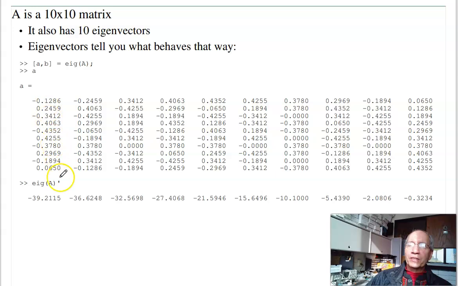Here's the eigenvectors, here's the eigenvalues. What the eigenvector is telling you is if this is my initial condition, I excited this mode, that mode decays e to the minus 39t. If this is my initial condition, I excited the second mode. That decays as e to the minus 36t, and so on. So here's the fast mode, here's the slow mode, and there's actually 8 other modes.